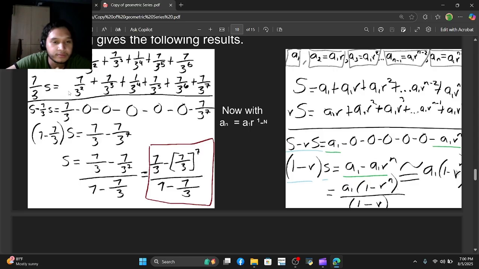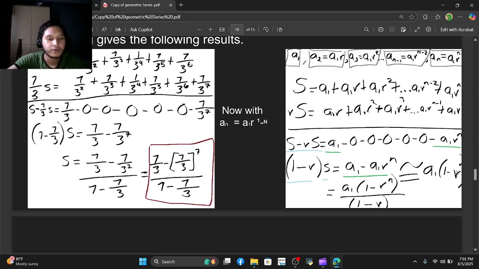What we want to do here is do the same thing as with the arithmetic sequences, in which we take the first term of the sequence and the last term of the sequence, and we add them. We take the second term and the second to last, and we add them too. So that's what I'm doing here.